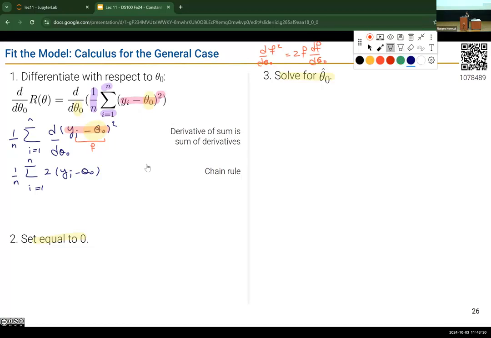So I can just directly put that in. And then I'll just go ahead and simplify all of these constants: -2 over n of the summation of i from 1 up to n of yi minus theta 0. Okay, so far simple. I'll keep taking derivatives, and you'll get comfortable with it.